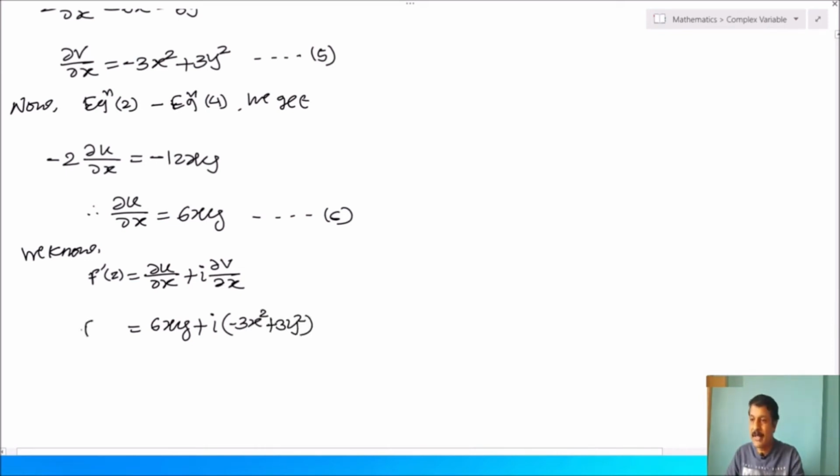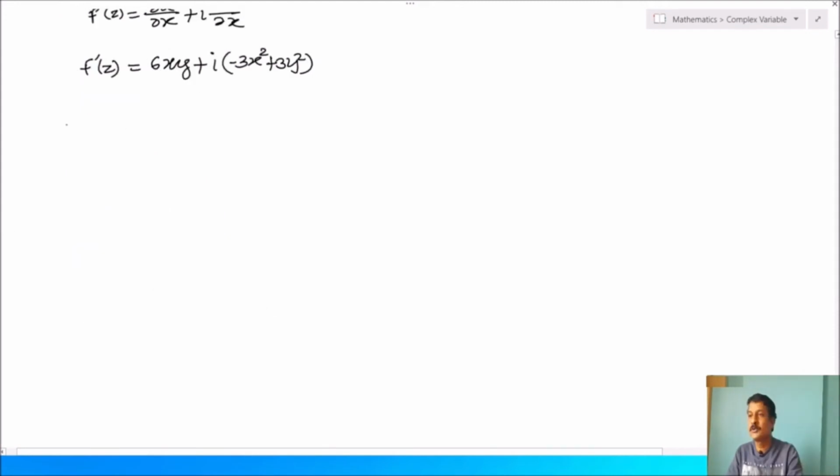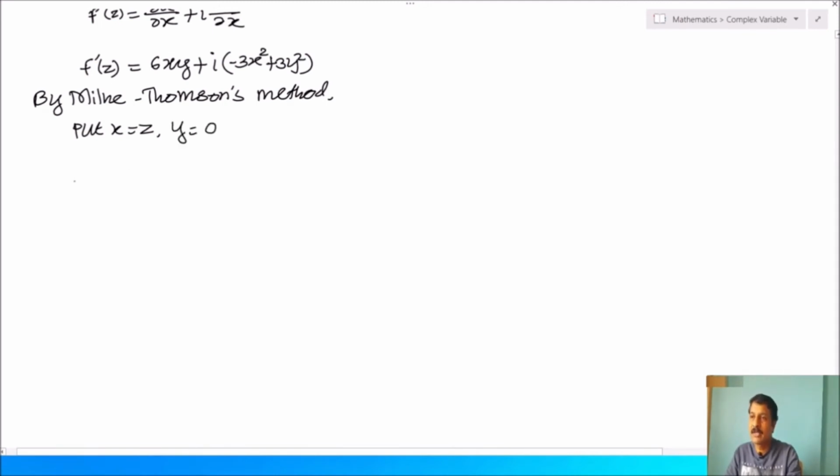It is your f'(z). I want to find this in the form of z. So by Milne-Thomson's method, put x equal to z and y equal to 0. And therefore f'(z) equal to, it contains y, so 0 plus i times minus 3z² plus 0. It means that f'(z) equal to minus 3iz².